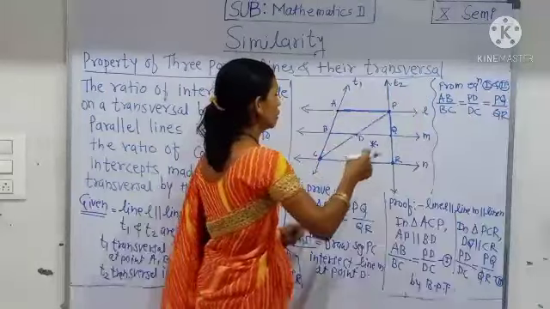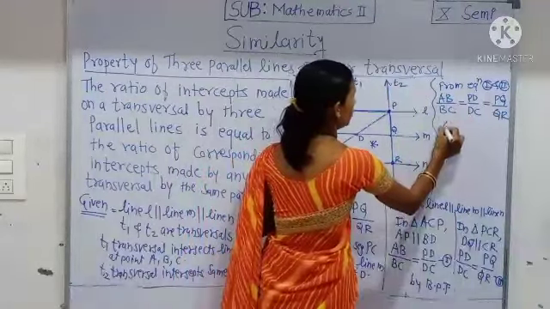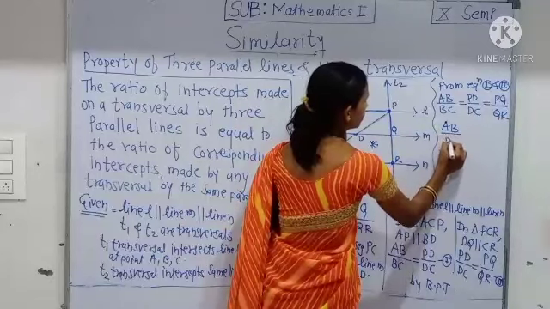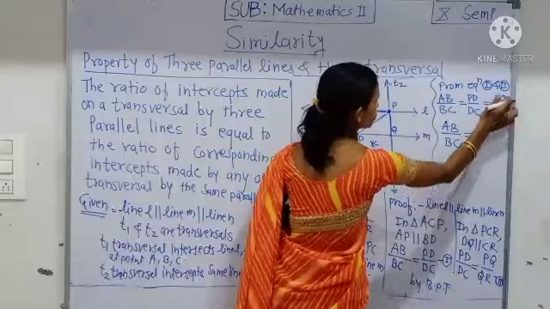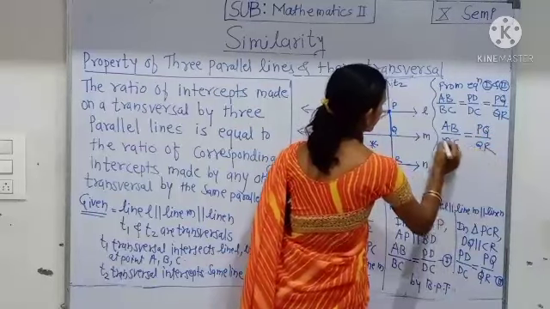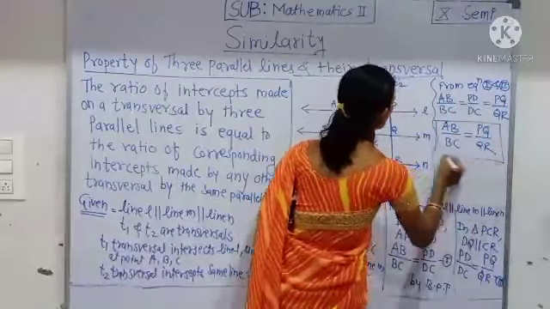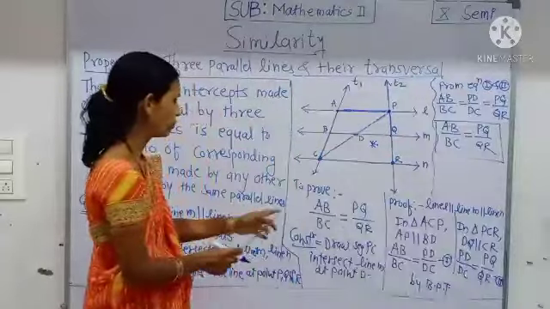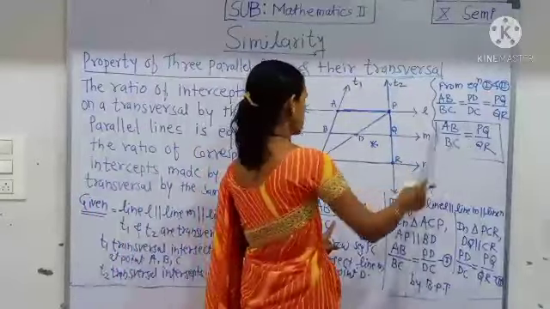Then see here, AB upon BC is equal to PQ upon QR. That is the proof of this theorem.